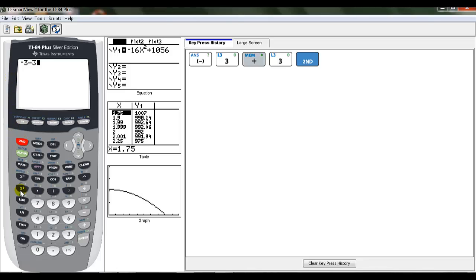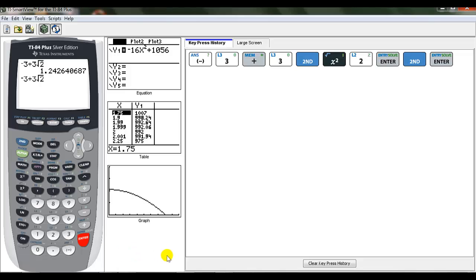Square root is second x squared, square root of 2, and press enter. Now all I need to change is this plus sign to a minus sign. So I can just do second entry, arrow back and change this to a minus sign, press enter, and there's your answer.